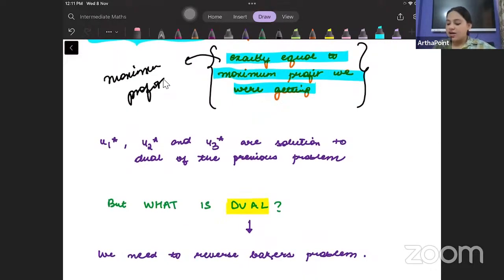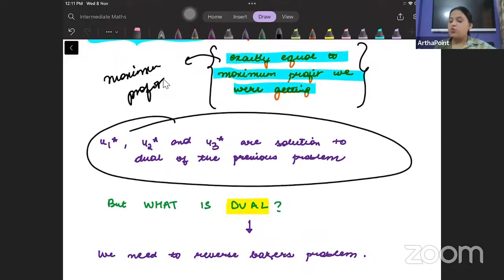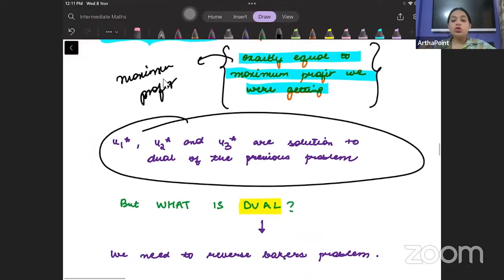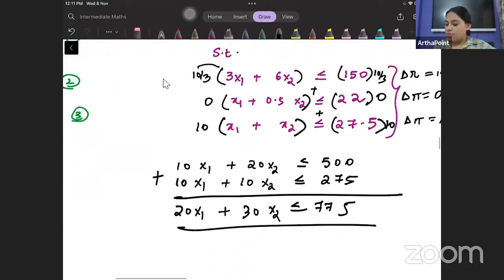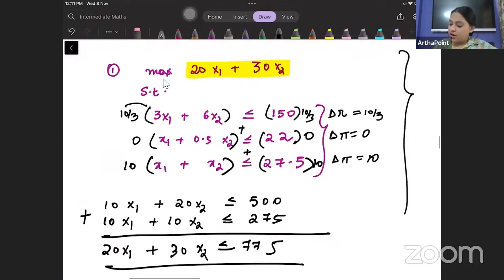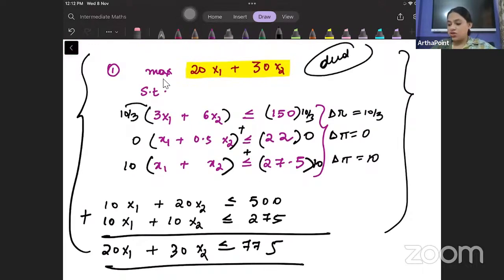So what are these U1 star, U2 star, U3 stars called now? These U1 star, U2 star, U3 star, they are solution to the dual of the problem. मतलब ये जो problem हमने create की थी, अगर मैं इसका dual create करूं, अब धीरे धीरे हम इस पे आएंगे बेटा, what is a dual?